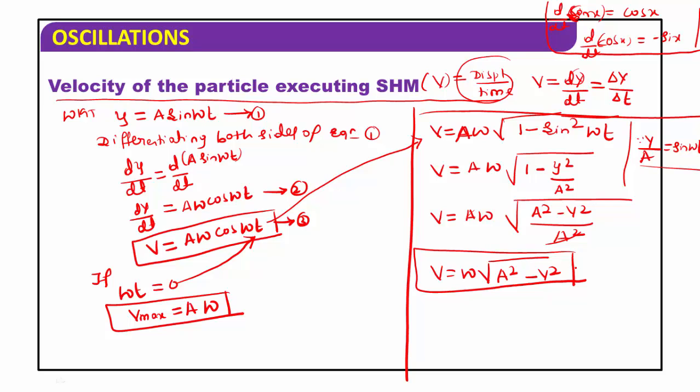Try to understand and practice, then only you get the answer. These displacement, velocity and acceleration equations of the particle executing simple harmonic motion are very important for your competitive examination. V is equal to omega root of a square minus y square is the velocity, and y equal to a sine omega t is the displacement of the particle.